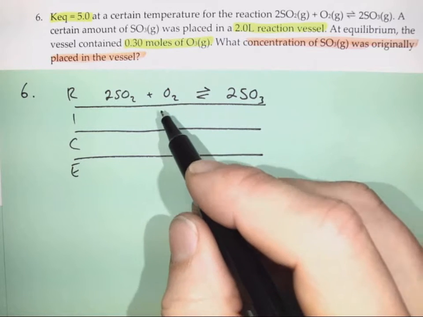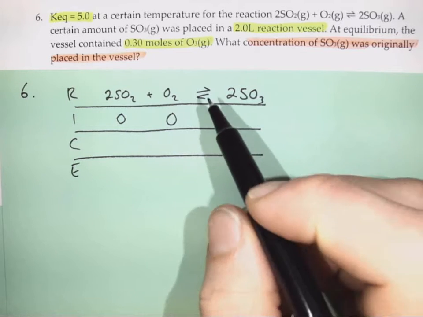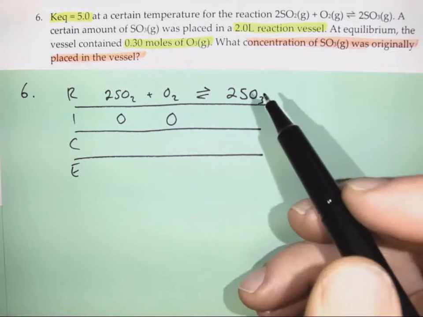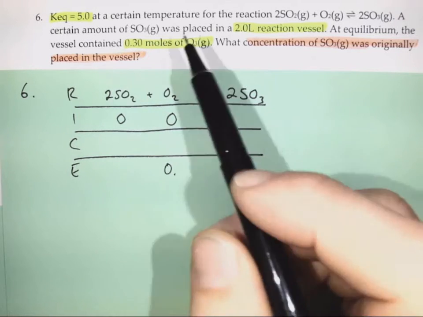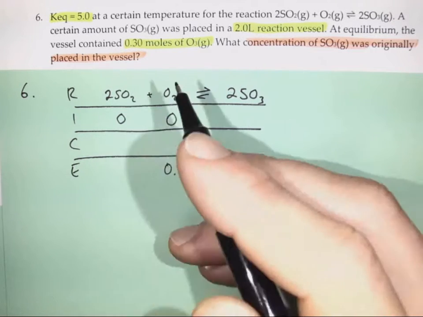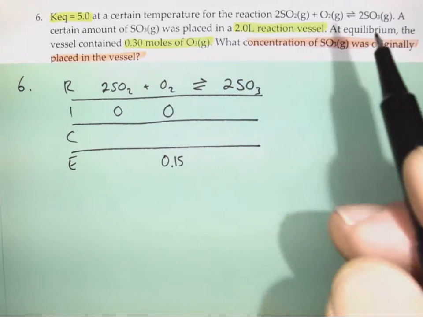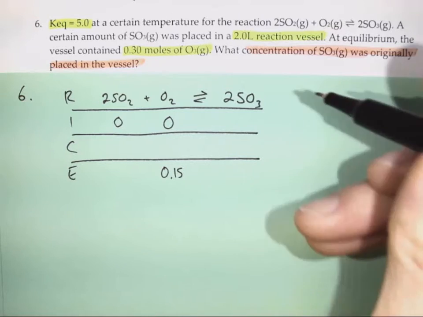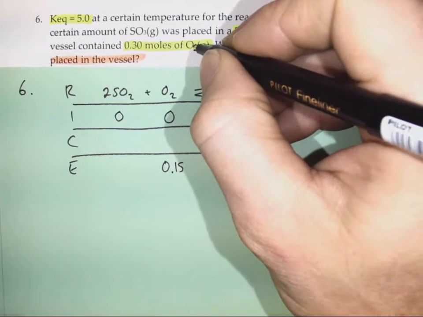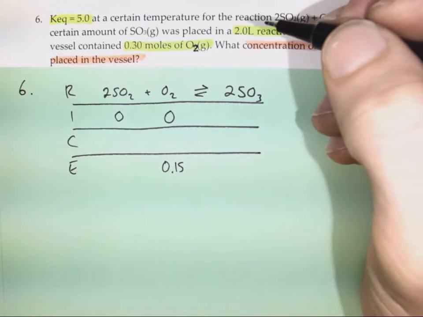And we can assume no oxygen. And at equilibrium, there's 0.30 moles. Oh, oops, for every 2 liters. So actually that's 0.15, half of 0.30 moles of oxygen. Man, this practice sheet was full of typos. I do apologize.